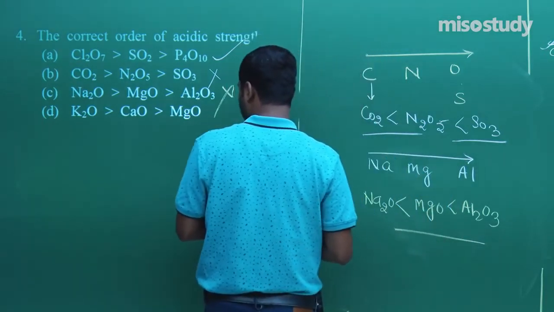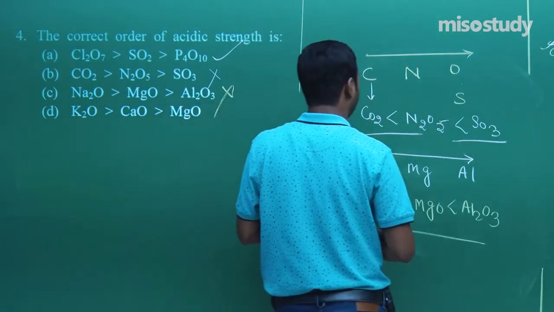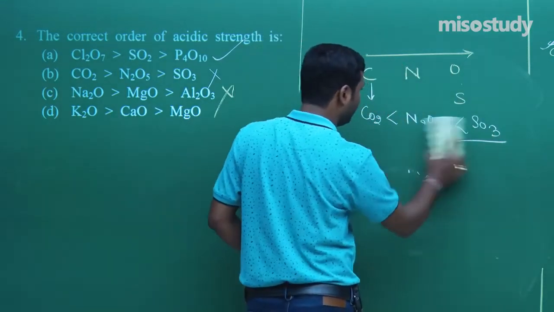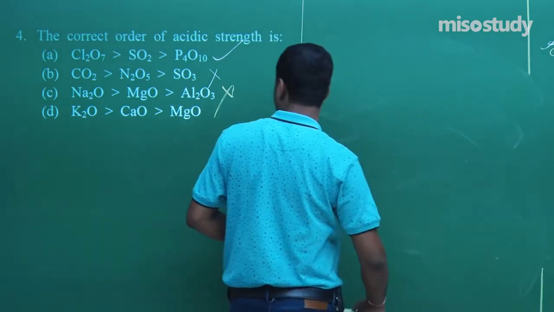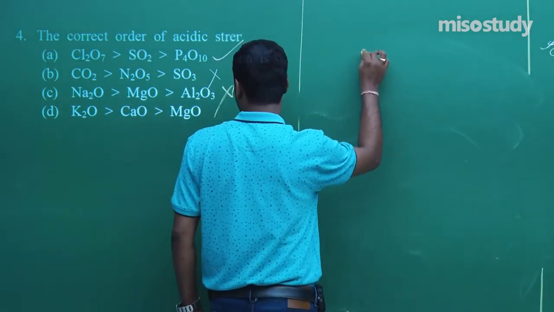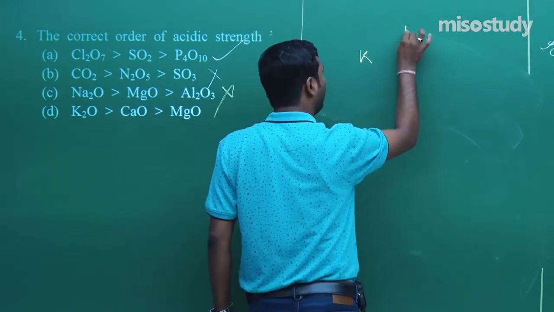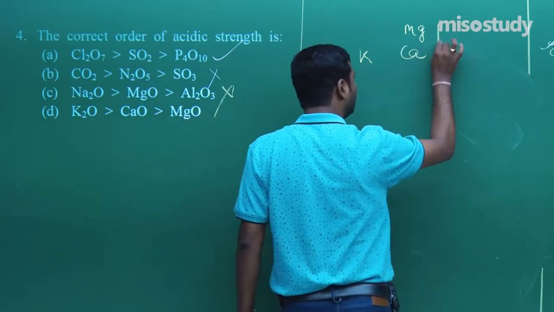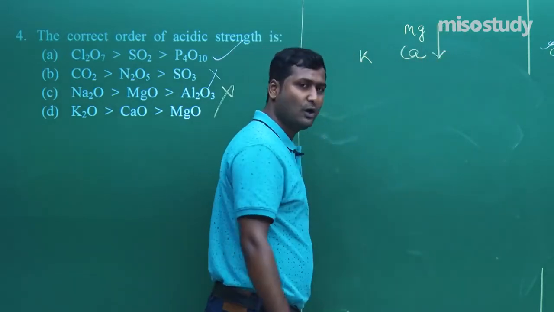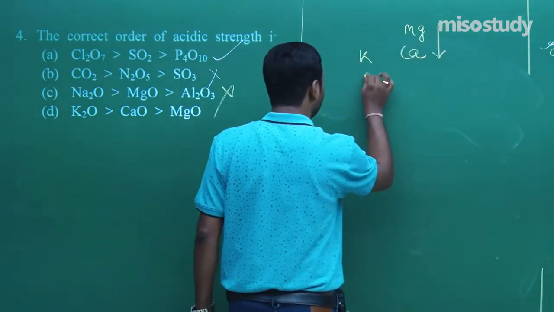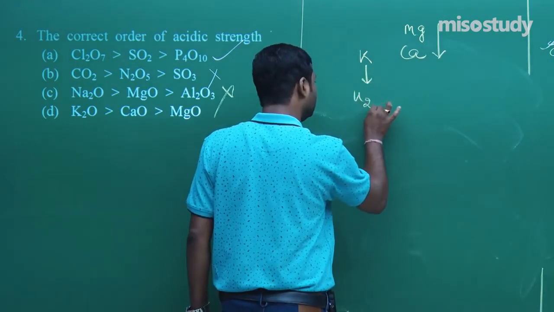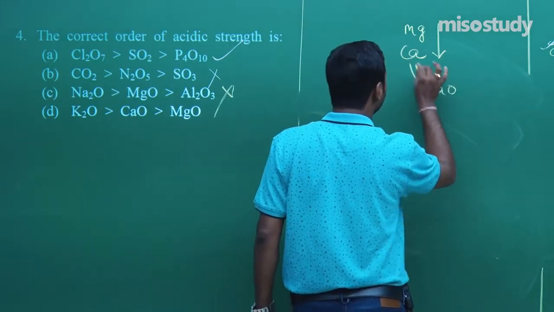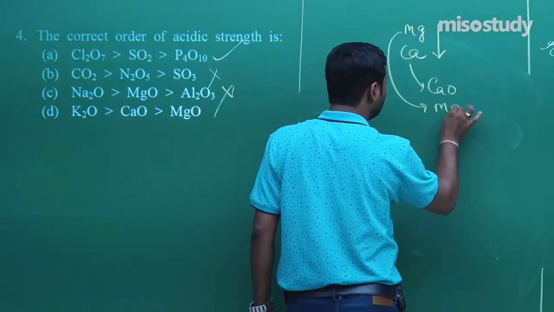Similarly, if I talk about K2O, CaO and MgO. Now if I write here, wait for a moment, I am rubbing this part. If I write here potassium, magnesium and calcium. Clear? As we know, down the group, the basic nature of the oxide increases. Now the order given is K2O, then CaO, then MgO.